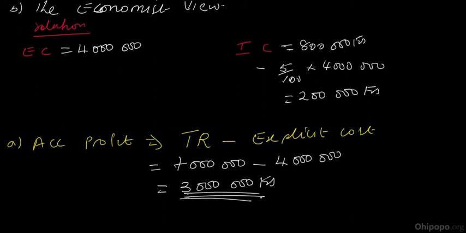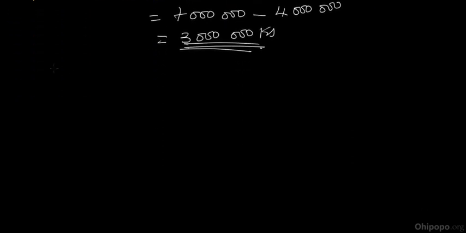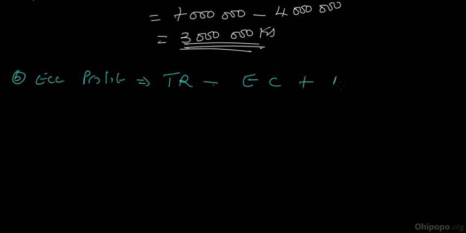Now let us go to the economist. B. Economist profit. To an economist, profit is calculated as total revenue minus explicit costs plus implicit costs.